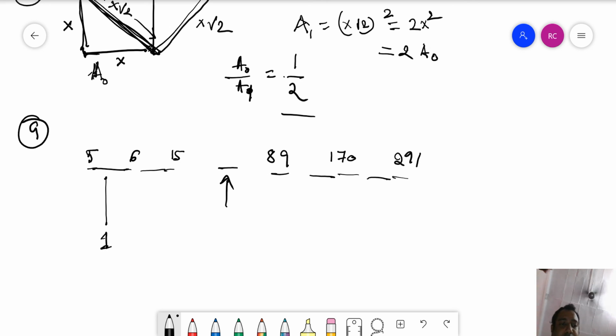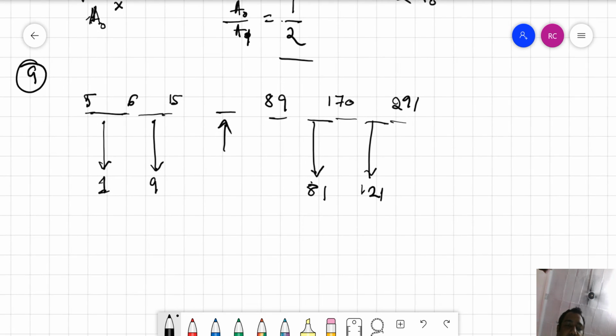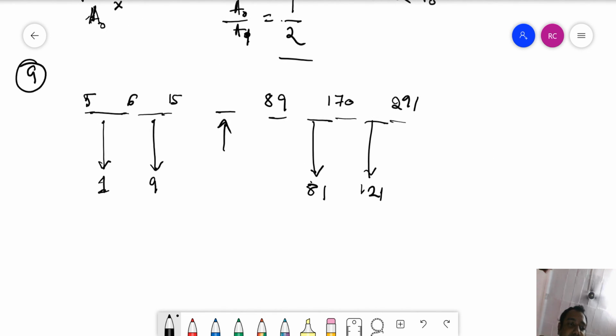We have 1, we have 9, we have 81, we have 121. If we look at it closely, these are nothing but squares, and not just squares of any number, they're squares of the odd numbers.